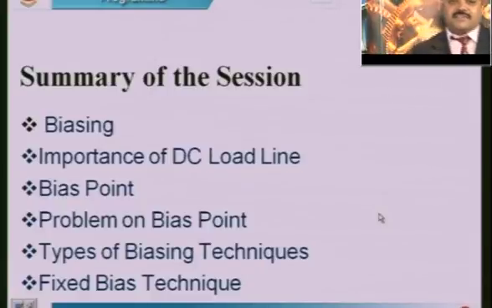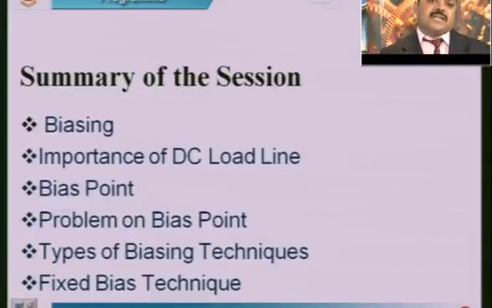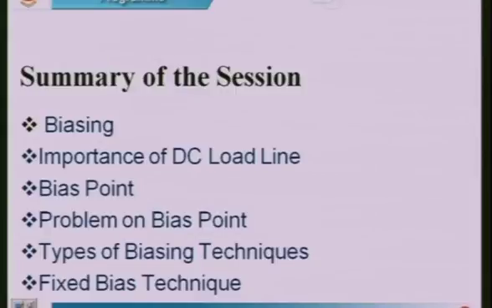What is the summary of this session? We will be discussing biasing techniques in the next session. So, the summary of this session: we started with prerequisites of BJT biasing. What are the prerequisites? What is biasing? We discussed what is biasing and the importance of DC load line. The DC load line is used to fix the operating point of the BJT at the center of the active region, to get faithful amplification.